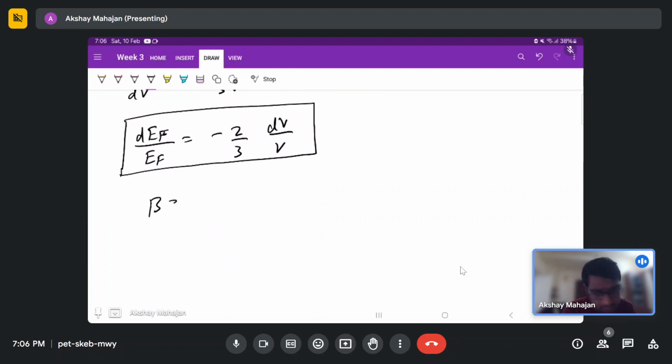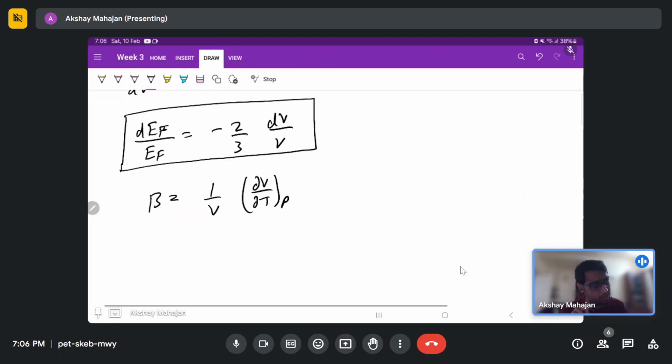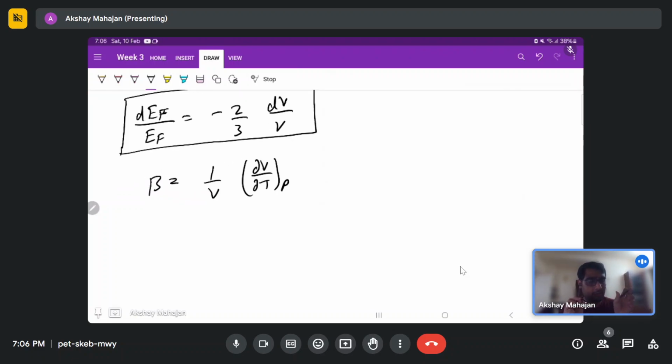Now beta is given to us as 1 by V del V by del T at constant pressure P. Now instead of del T we can take, since we are given a big delta here, dV by V, the change in V with respect to that volume V, if there is a change in delta T temperature, that would be given by this, right?